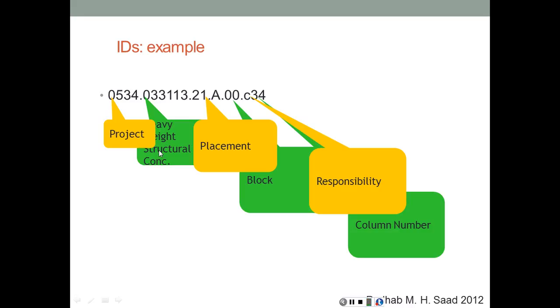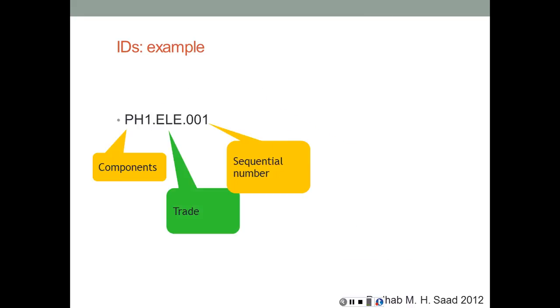So each one of these numbers represents something meaningful, and we're going to have sort of a dictionary for these activity IDs so that anyone who doesn't really know can follow the explanation and the description in that dictionary to understand what this activity stands for. Here's another example.